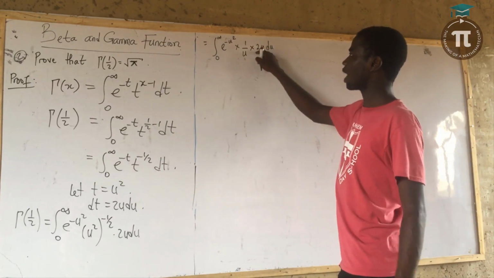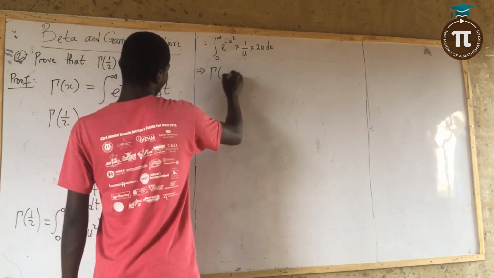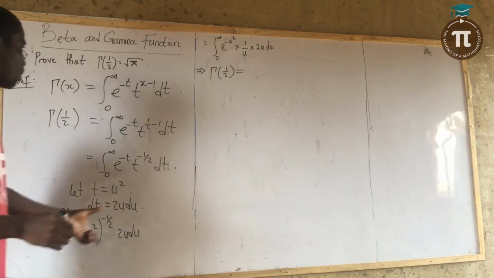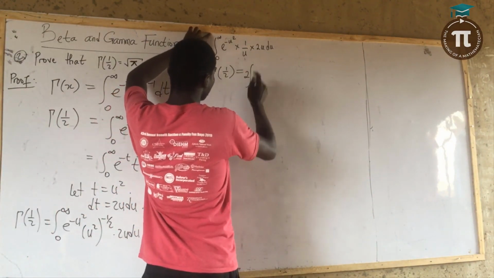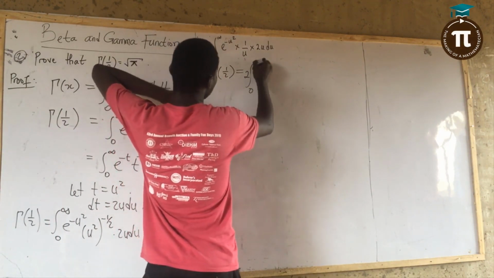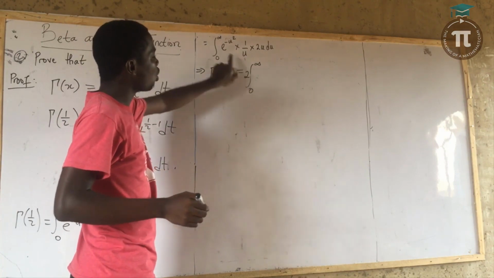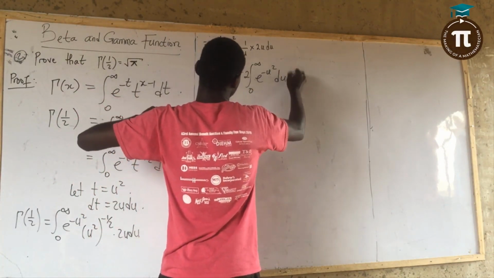Obviously, u will cancel u and let this 2 come outside. So I will have gamma of 1/2 to be equal to 2 times the integral from 0 to infinity of e raised to the power minus u squared du.